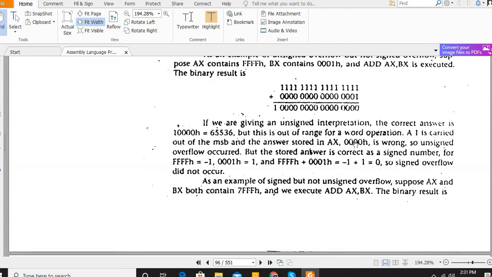AX will contain 0000H because of the carry out, so the result is 0, but it is not the correct answer, it's a wrong answer.